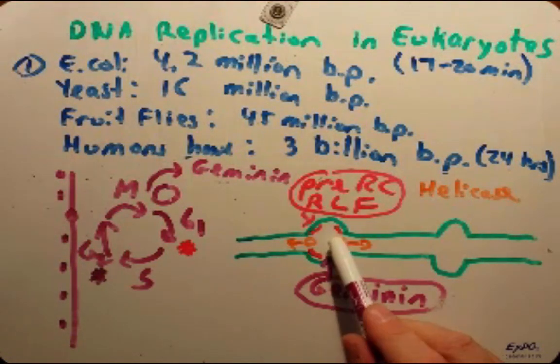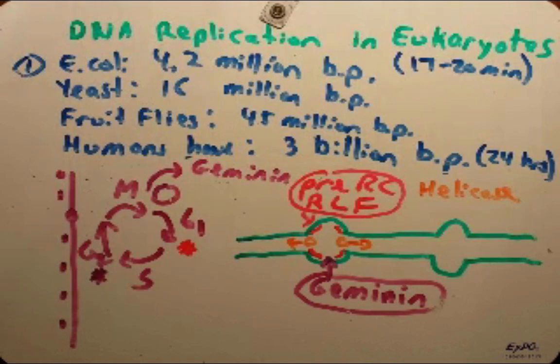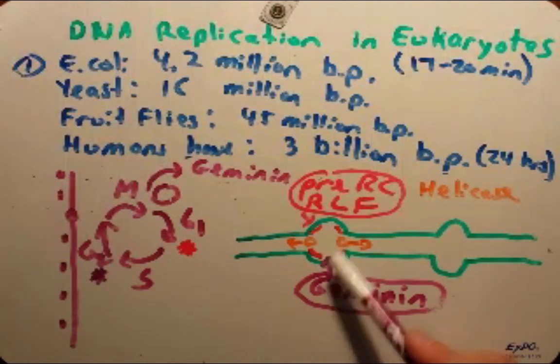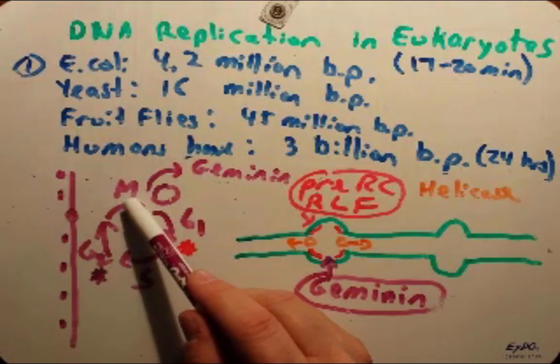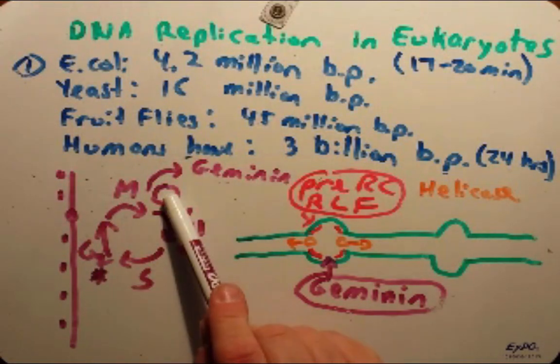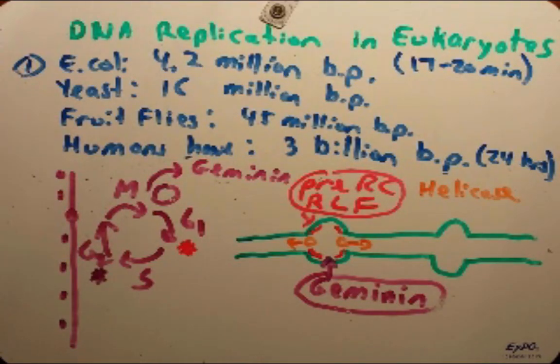As long as geminin is bound to this origin of replication, additional rounds of replication cannot occur. Geminin stays bound all the way through G2 and all the way through M phase. Once the new cell is produced at the end of mitosis, geminin is released from those origins of replication so that the pre-RC complex can once again bind here to do another round of replication.